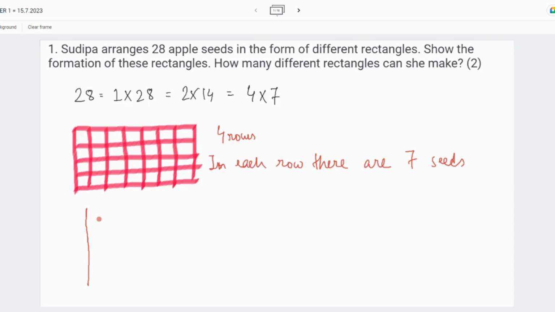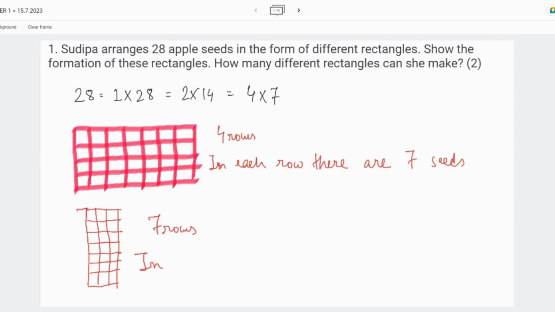4 rows, 7 columns. Now I'll simply reverse it. There will be 4 columns and 7 rows.